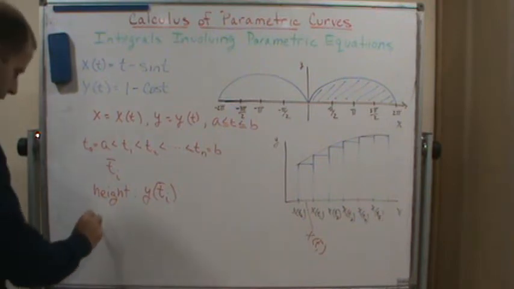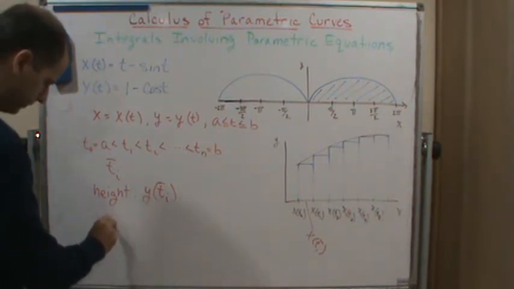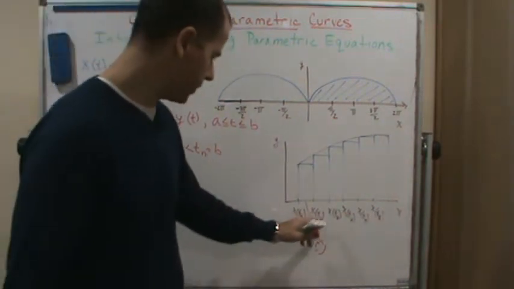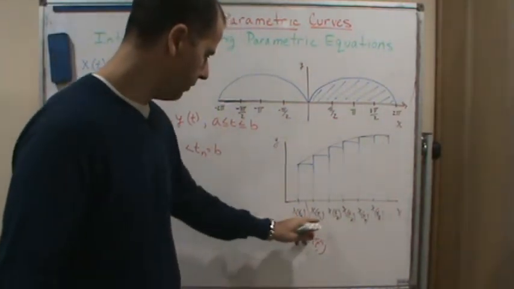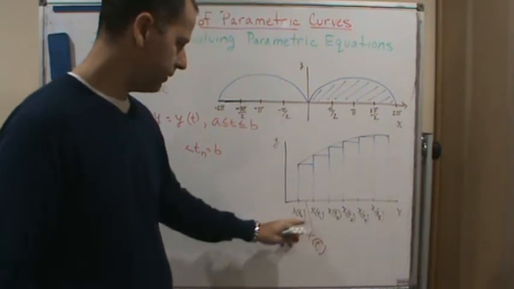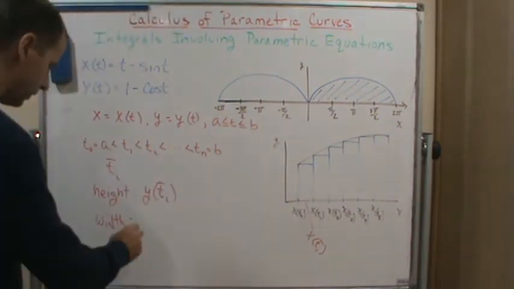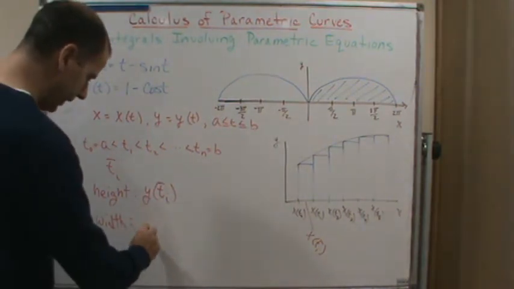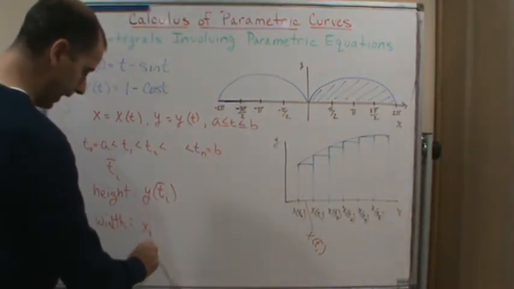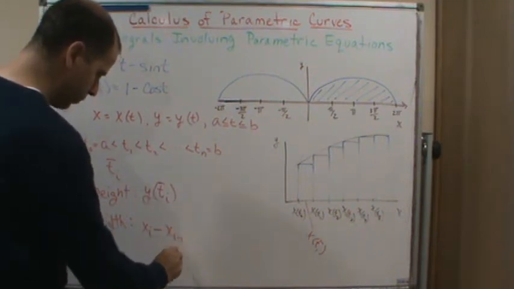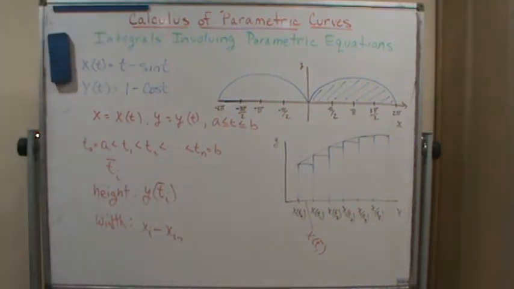Now the width is going to be the difference between the two endpoints of my ith subinterval. So that's going to be x sub i minus x sub i minus 1. That's going to be the width.